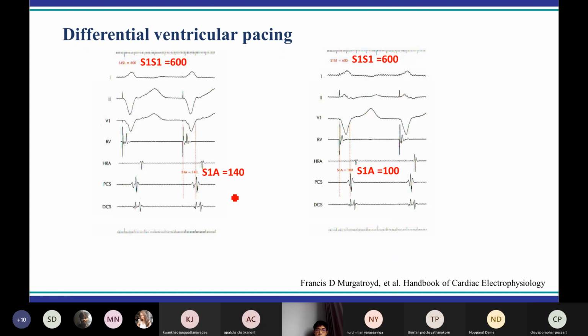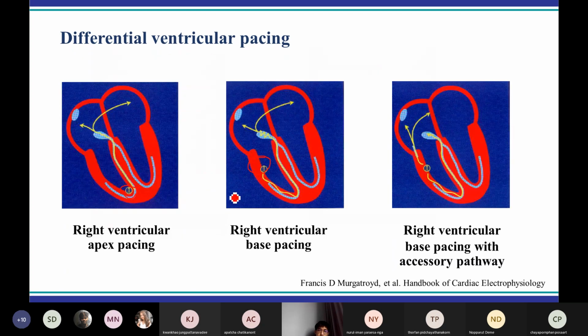How could it help? When you pace from the apex here, if there is only one pathway, there's no accessory pathway, the VA time would be here up to here.